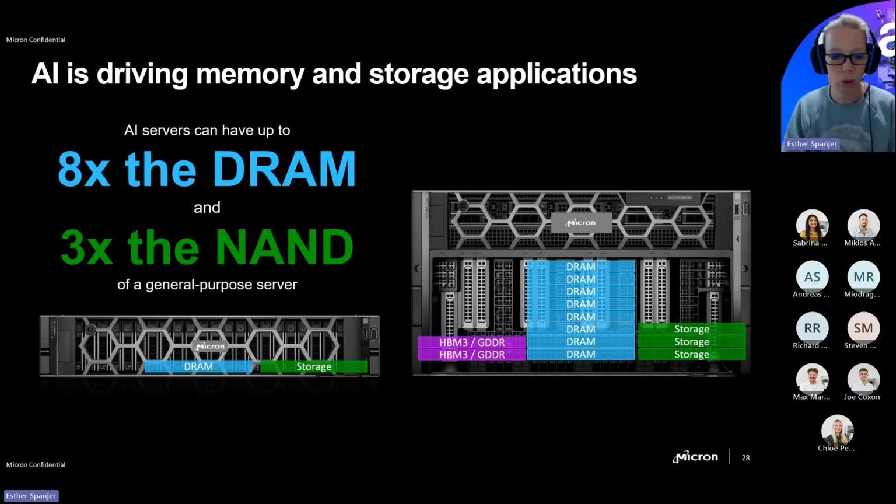Overall, the market in the artificial intelligence data center is going to be very, very hungry for more DRAM and more NAND. We see the average capacity of DRAM in an AI server, these large GPU optimized AI servers, can be up to 8 times the DRAM and up to 3 times the NAND compared to a typical general purpose server that we are seeing in the market today.